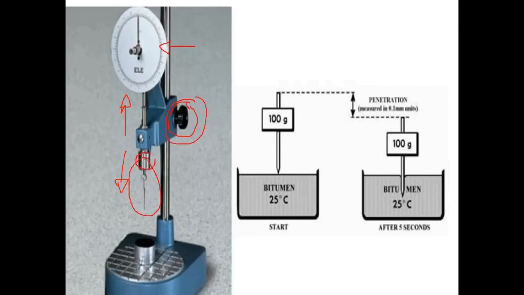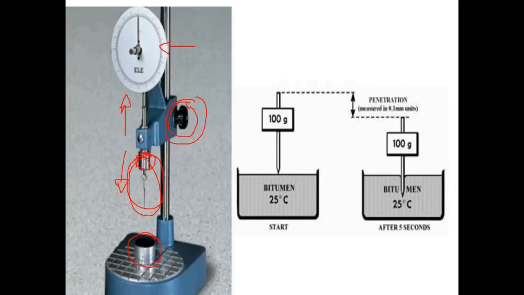This is a needle attached to this part, and the total weight of this needle assembly is 100 gram. This is a cup where we have taken the bitumen, first in melted form, then cooled in the water bath. After taking it from the cooled water bath, we keep it below this needle.